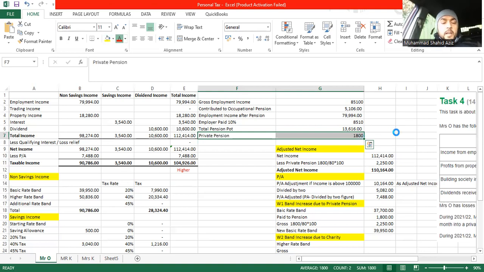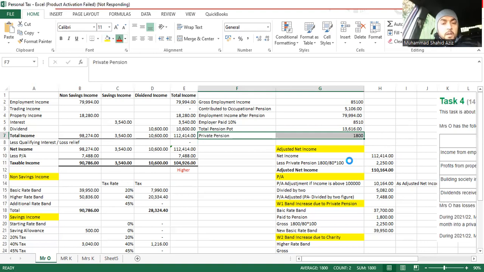Next, we have to find out the adjusted net income. The reason to find the adjusted net income is we need to find out how much the personal allowance is. If we look here, net income is 112,414.